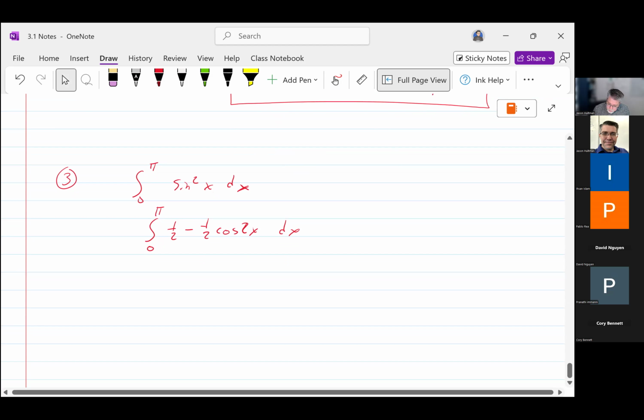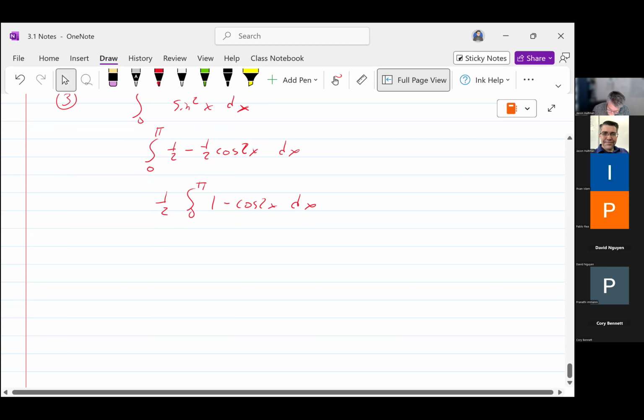Okay, I'm going to have to do a u sub on this. I'm going to factor out the 1/2, pull the 1/2 all the way out in front: 1/2 times the integral from 0 to pi of 1 minus cosine 2x dx. I want to let u equal 2x.